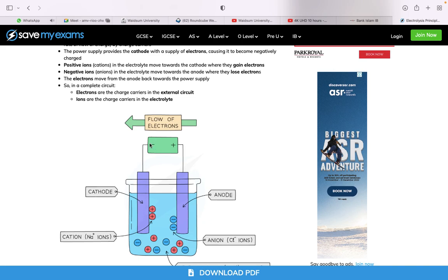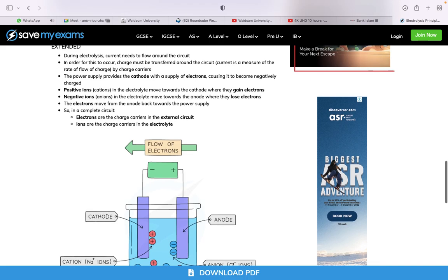Then the one that has the positive charge flowing into it from the battery will become the anode. That's the first step. Are you with me?